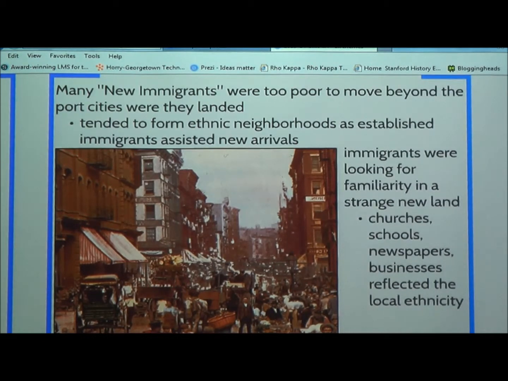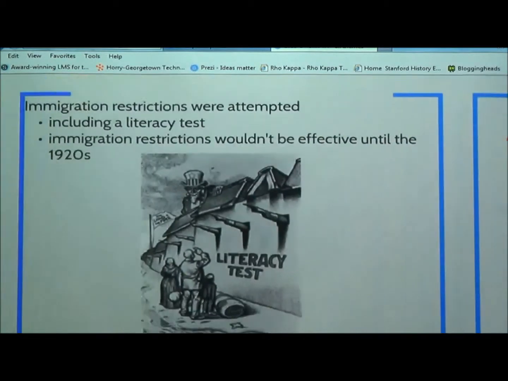Immigrants looked for familiarity in a strange land, so they wanted churches that preached in their language, schools that taught their values, newspapers that ran stories in their language and about what they understood. They wanted businesses that reflected their local ethnicity. For example, the kosher delis in the Jewish territories, or olive oil presses in Little Italy and such.